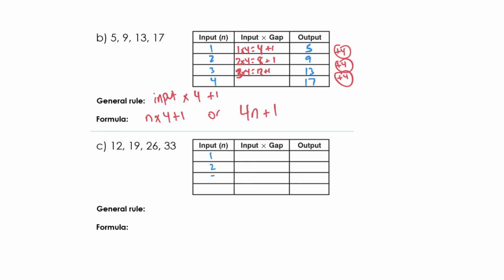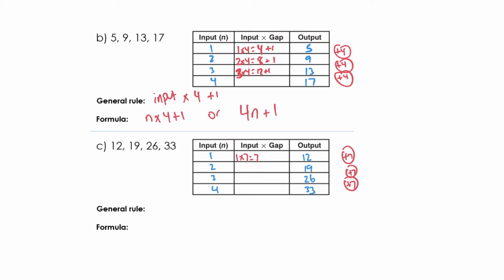Let's try another one here. Input 1, 2, 3, 4, and the output 12, 19, 26, and 33. The gap is going up by 7. So you have to multiply 1 times 7 equals 7.